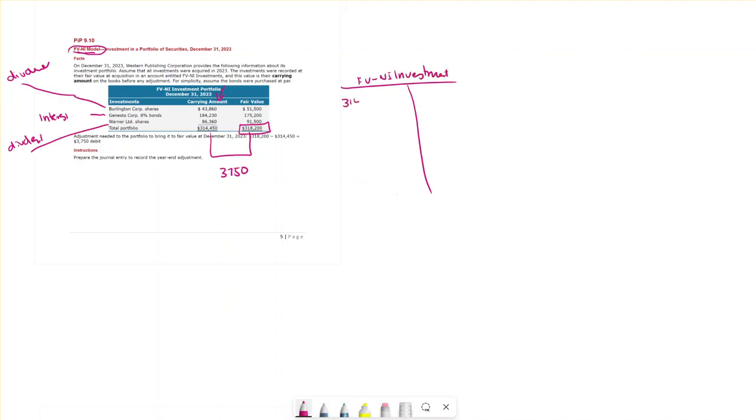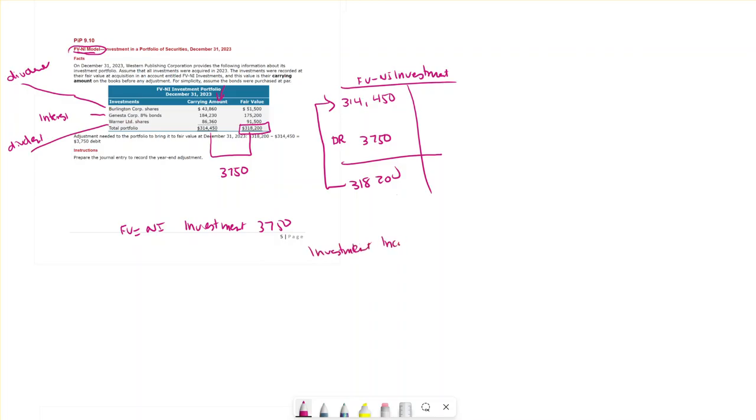The value of your investment is 314,450. I need a value of 318,200, so I needed to increase it. How much am I increasing it? I needed to debit 3,750 to the fair value net income investment, and we have an investment income slash loss.